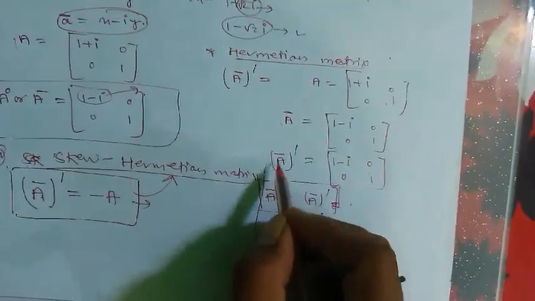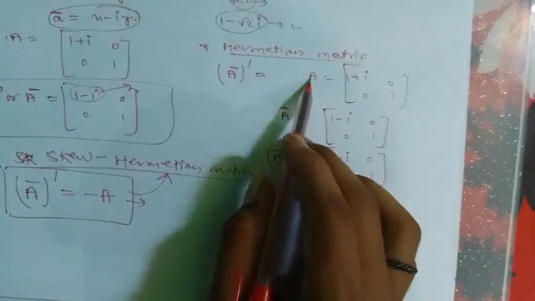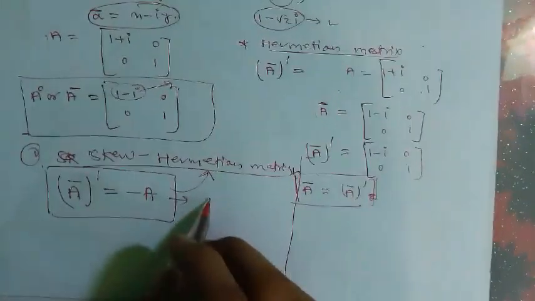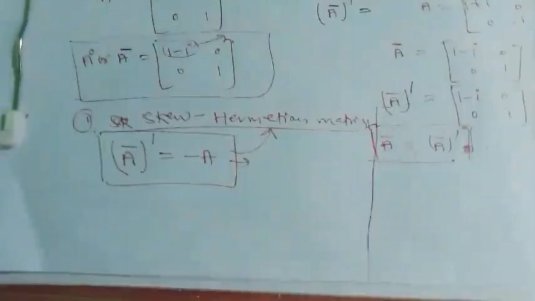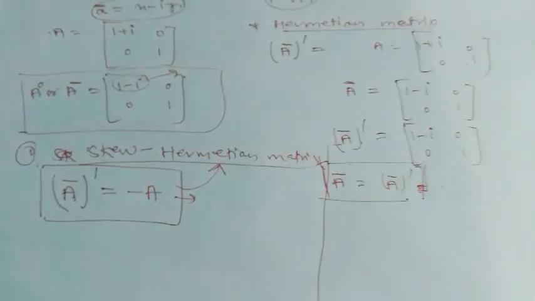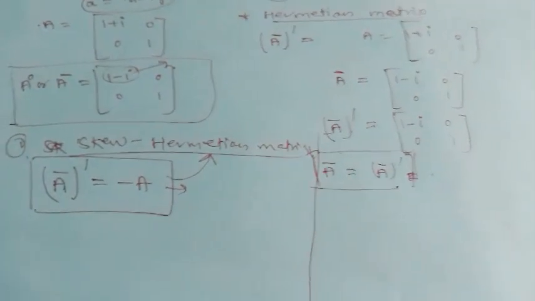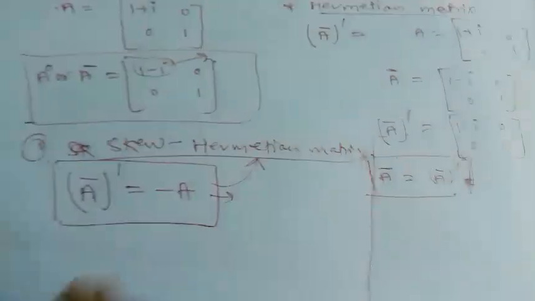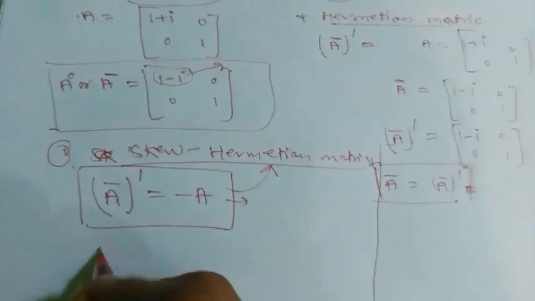If the value of the conjugate transpose is equal to minus A, then we call this a skew Hermitian matrix. So I have to tell you some important points, which is the nilpotent matrix.